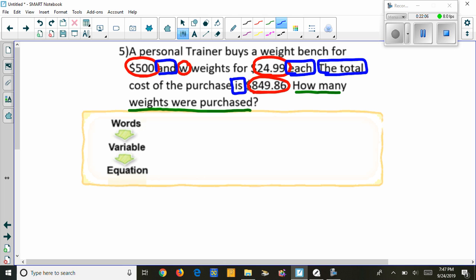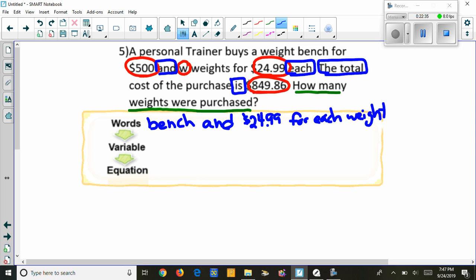So in words, here's what's happening. The weight bench and $24.99 for each weight is or costs $849.86.